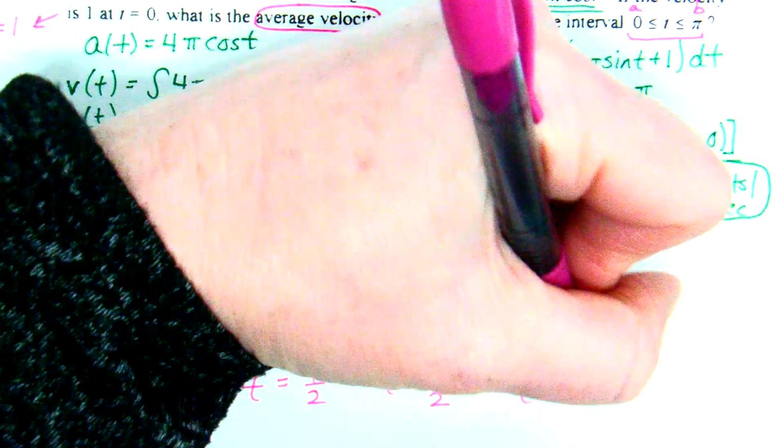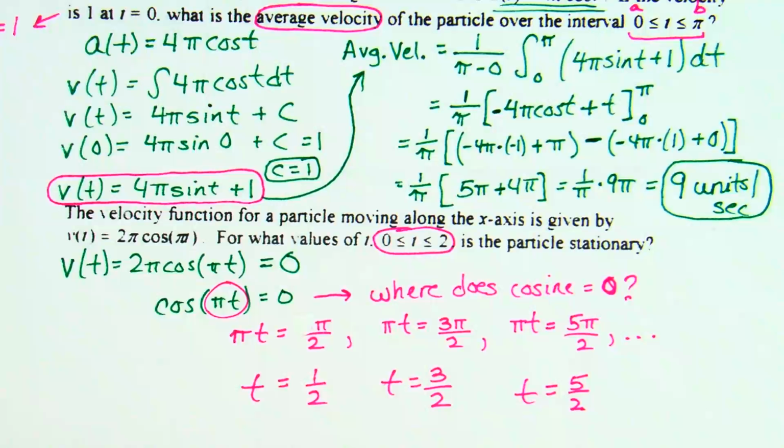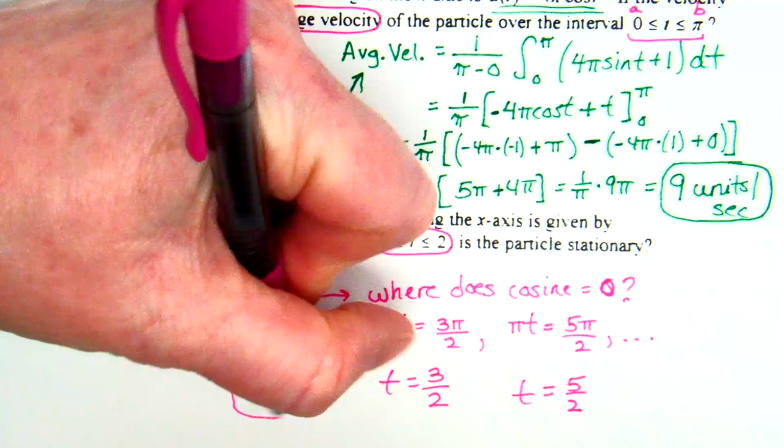Now, this was for what values of t from 0 to 2 is the particle stationary. So what answers do I need here? 1/2 and 3/2. The reason I did this, though, is because depending on what you're multiplying or dividing by, something like the next one could end up in your interval.